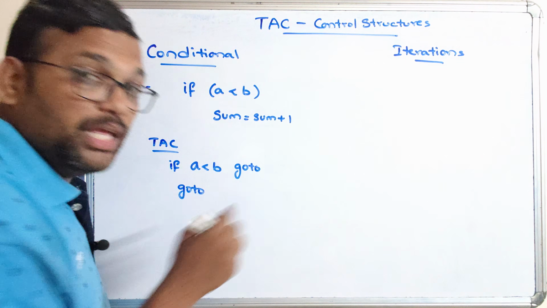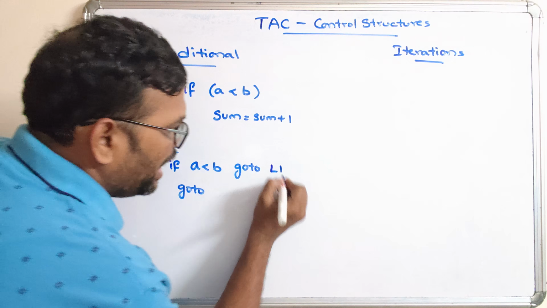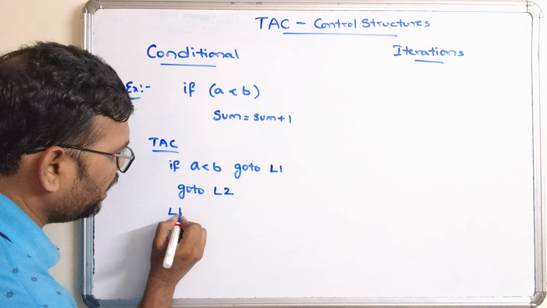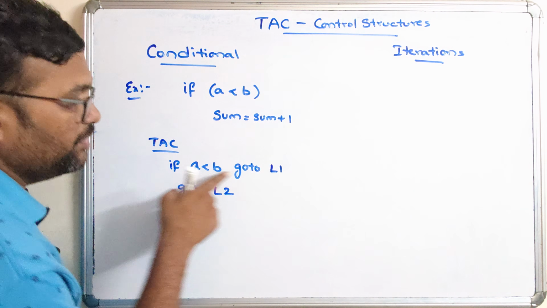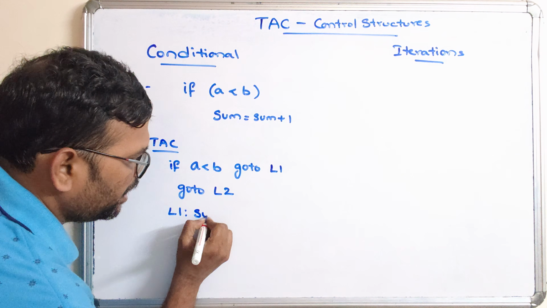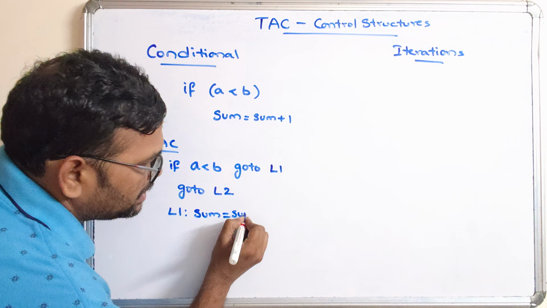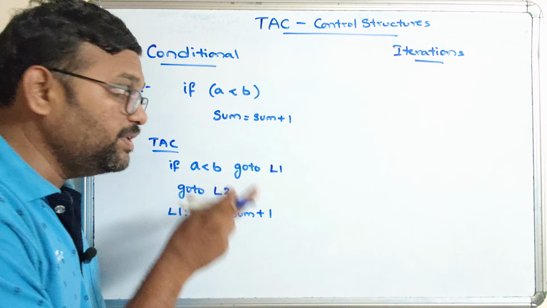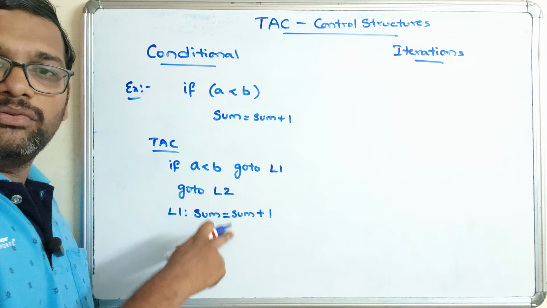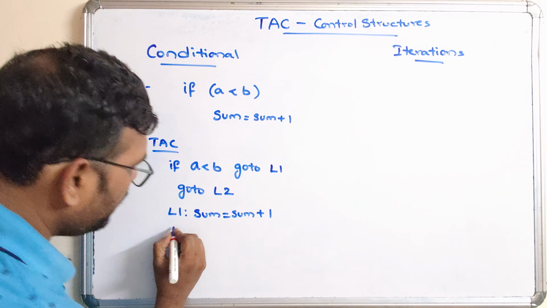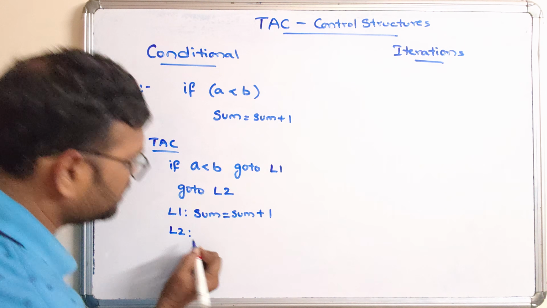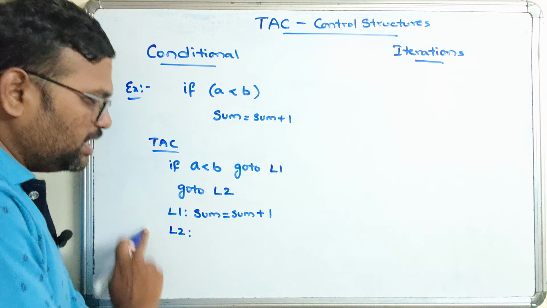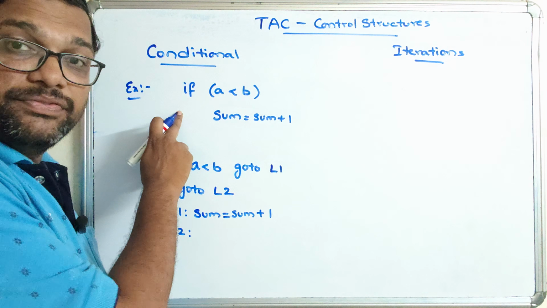So let us take L1 and L2. L1 means, if it is true, we need to take sum is equal to sum plus 1. You can see this is also in a three address code format. If it is not in a three address code format, we need to change it into three address code format. And then go to L2, whatever we write here, that means the else case. So this is the three address code for a simple if statement.